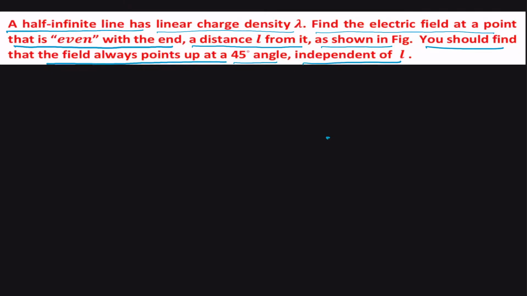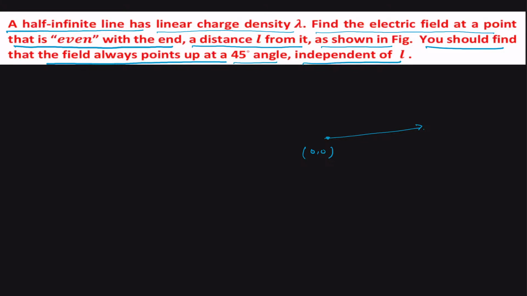We are given that this is half infinite, so it is going to start from one end at the origin and the other end will be going to infinity. We have to find the electric field at a point that is even with the end.